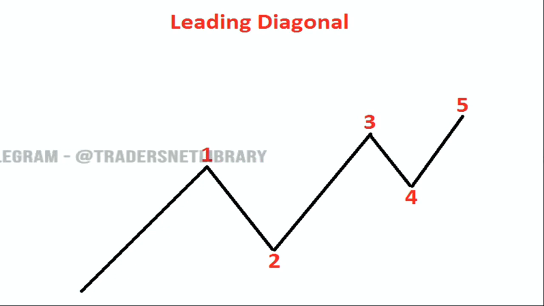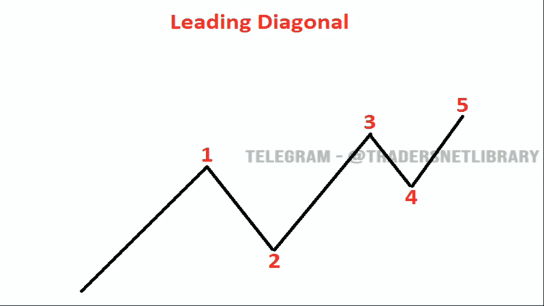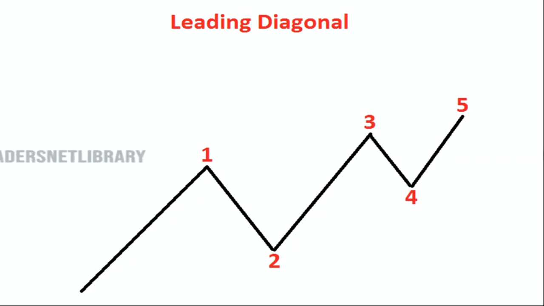This means that wave 1 consists of 5 subwaves. Wave 2 consists of 3 subwaves. Wave 3 consists of 5 subwaves. Wave 4 consists of 3 subwaves. Wave 5 consists of 5 subwaves.